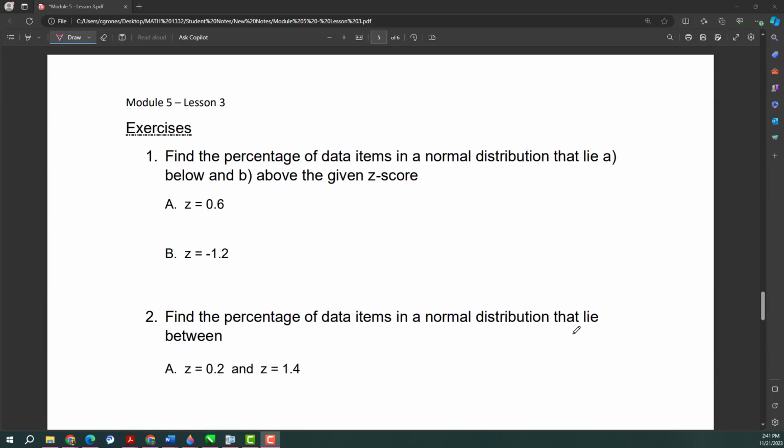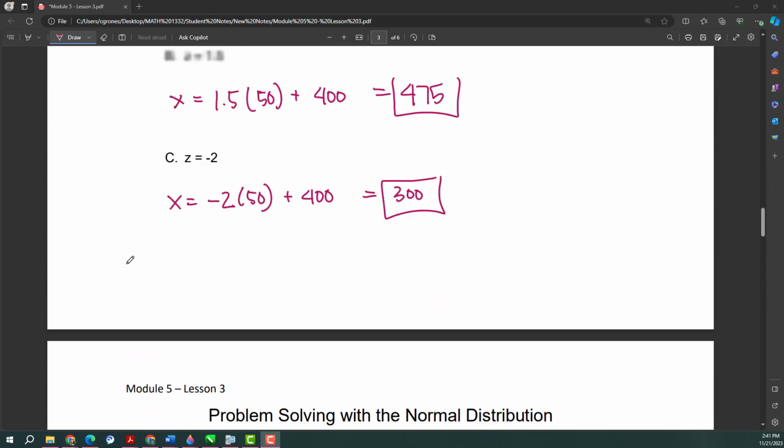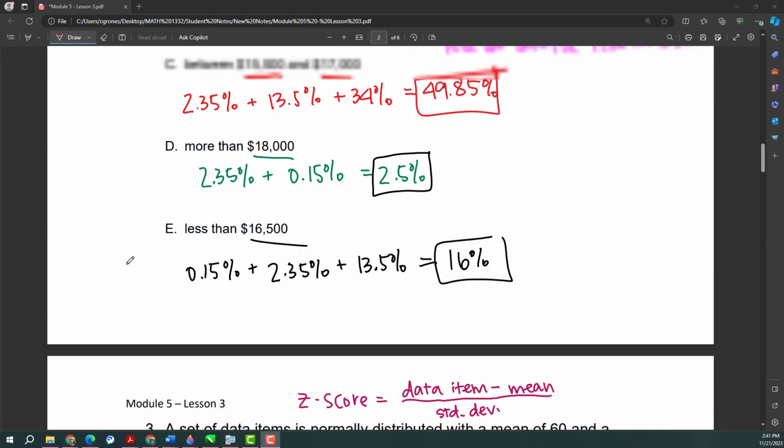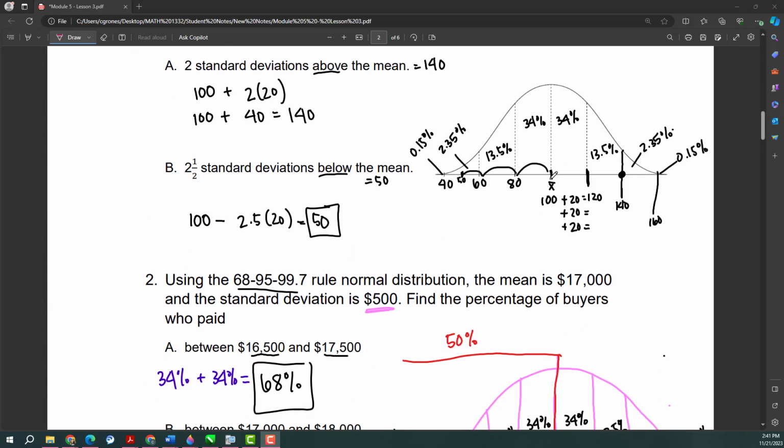So number 1 says to find the percentage of data items in a normal distribution that lie below and above the given z-score. So the way that works is that, remember, our z-score is how many exact standard deviations we are away from the mean. So in this case, we had like 2 standard deviations above and 2.5 standard deviations below. So these would be our z-scores.